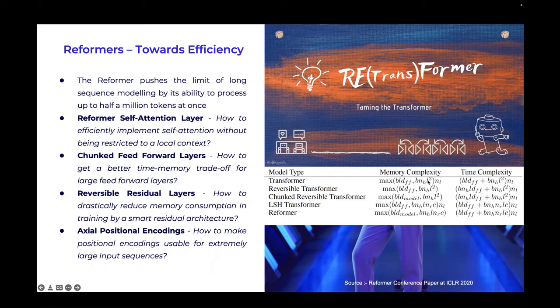So L square memory complexity as well as time complexity can be observed for a transformer architecture. Whereas in reformer, you can see there is no square term. Here the optimization is such that the O of L square gets reduced to L log L, so that there is no nonlinear term in this Big O notation.